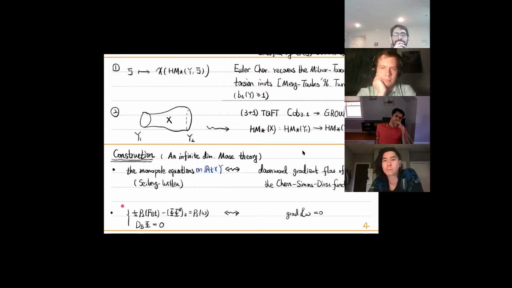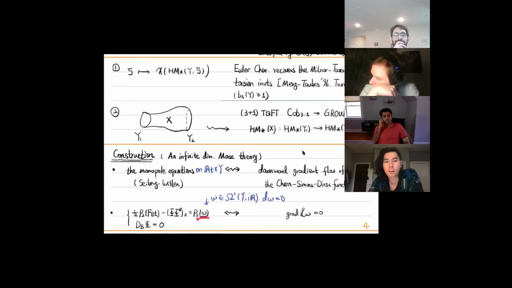So the equation that I wrote here is the dimensional reduction of the monopole equations on the three-manifold Y. I'm not going to explain the various expressions in this formula, but I have to point out that there is a way to perturb this equation using an imaginary-valued closed 2-form on the three-manifold.